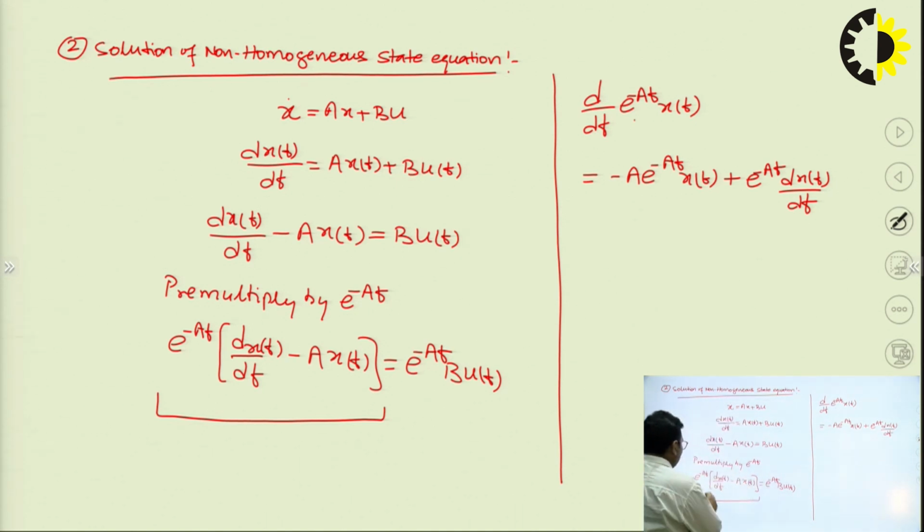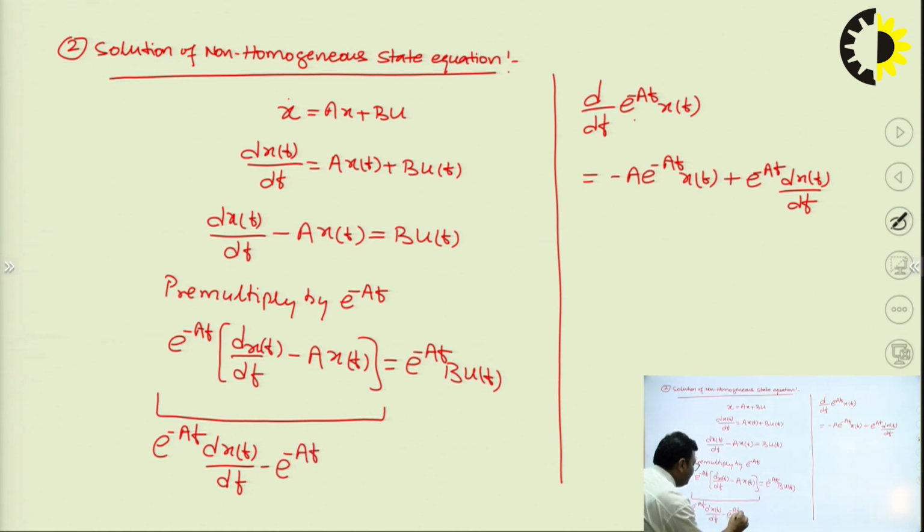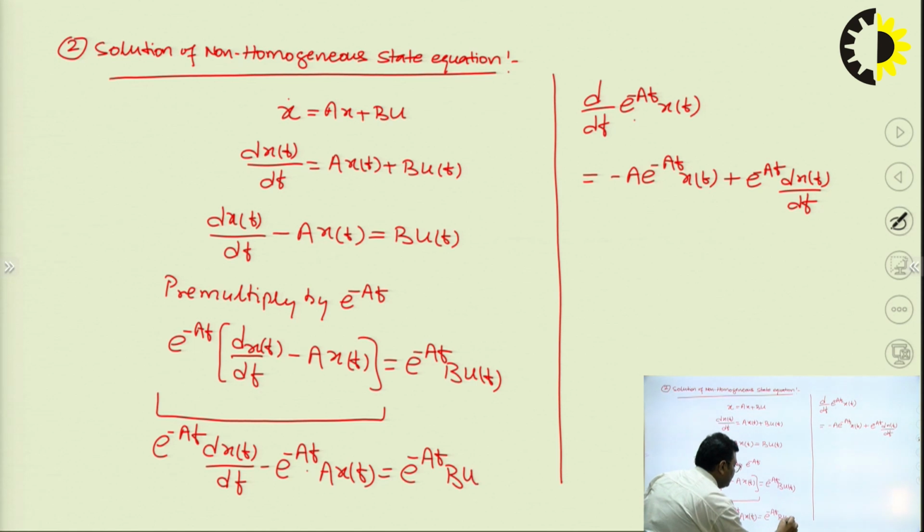So if I multiply this e to the power minus at inside the bracket, then it will be e to the power minus at dxt by dt minus e to the power minus at into a into xt is equal to e to the power minus at into b u of t, right?